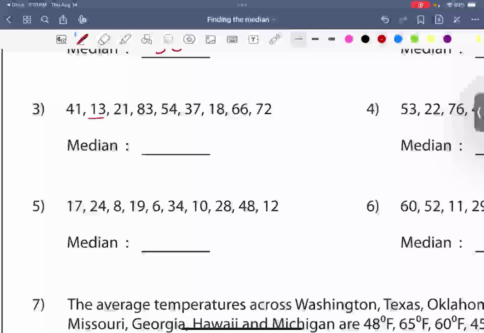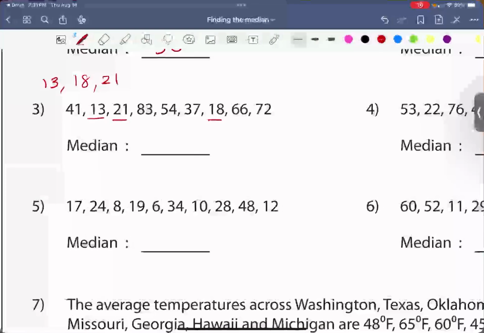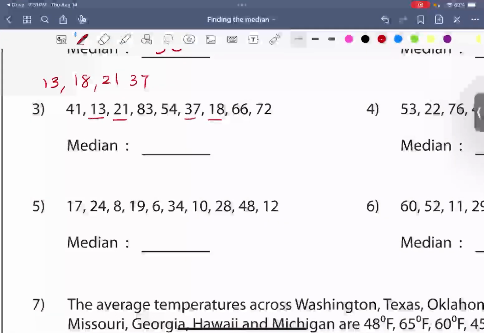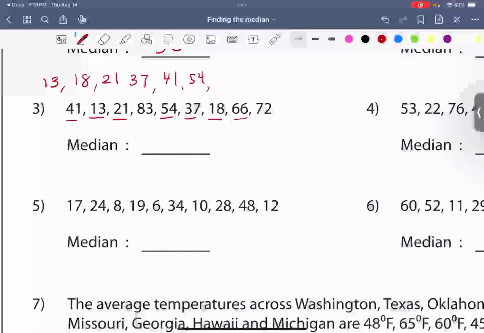So the first number is going to be 13, then 18, then 21, then 37, then 41, then 54, then 66, then 72, and then 83.